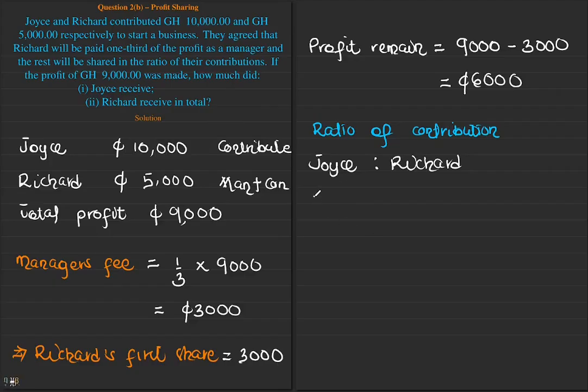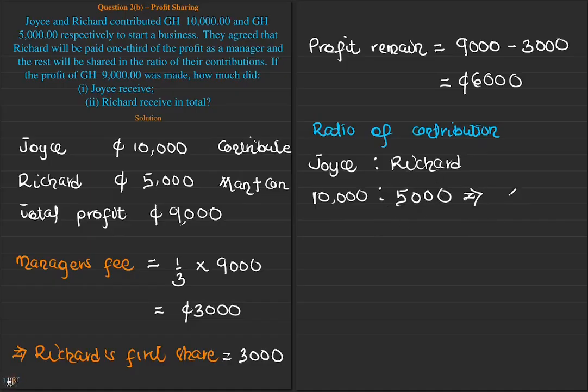So it becomes 10,000 is to Richard's share, which was what? 5,000. So if we are to simplify this further, you just cancel out the zeros. 3 of the zeros cancel out, and then we have 10 is to 5. 10 is to 5 can be simplified further as 2 is to 1.